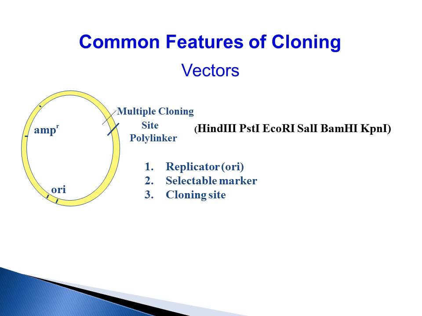So if you absolutely needed to cut your DNA of interest with an enzyme that isn't located in this particular plasmid, you would want to choose another plasmid. So you have to choose the right plasmid or make a plasmid for your specific needs.